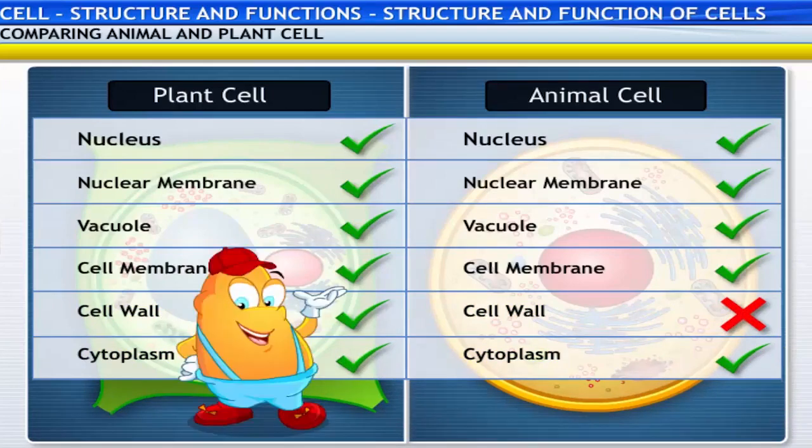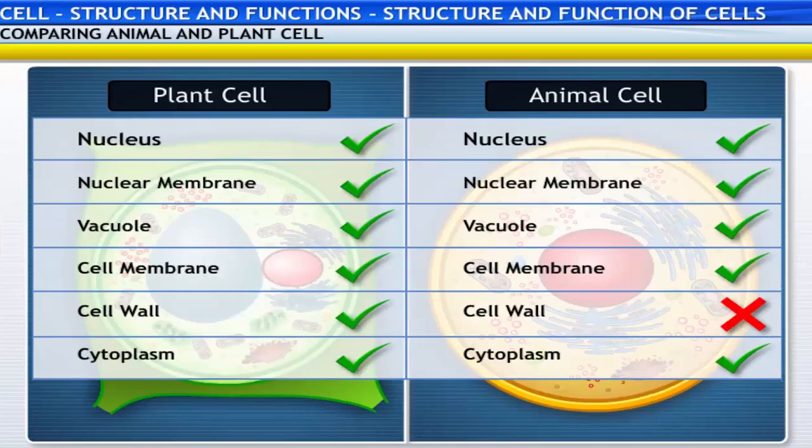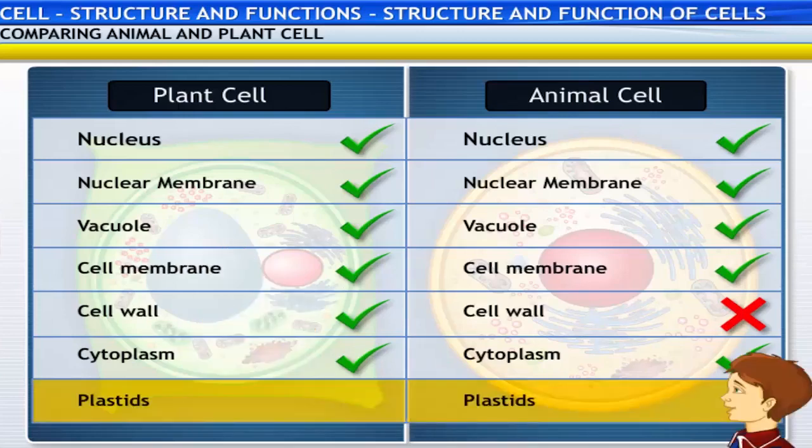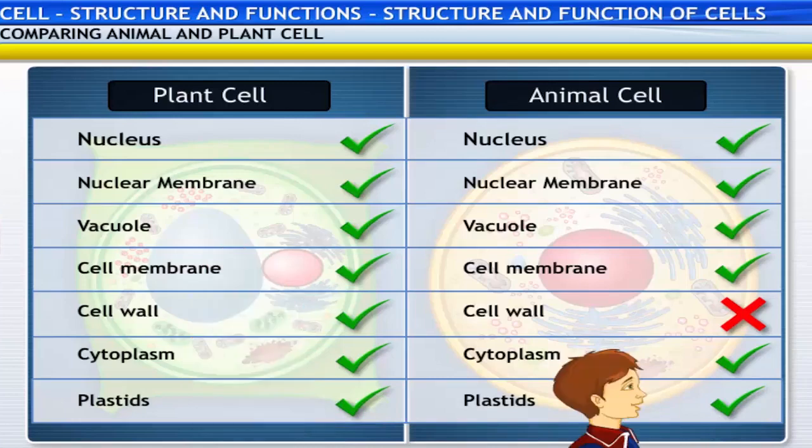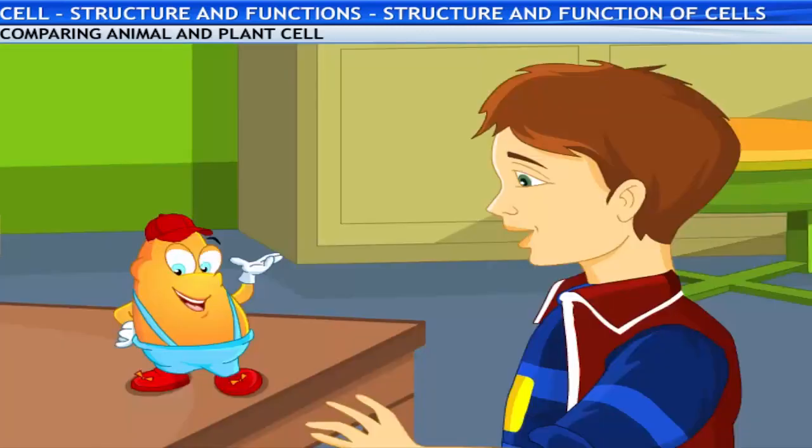Right, and the chart is complete. Wait, we missed plastids, Cello. Yeah, plastids are present in both plant and animal cells. Hey, that's incorrect. I don't see any plastids in animal cells. Very good, Victor. I was just checking to see if you remember. You are on the right track.